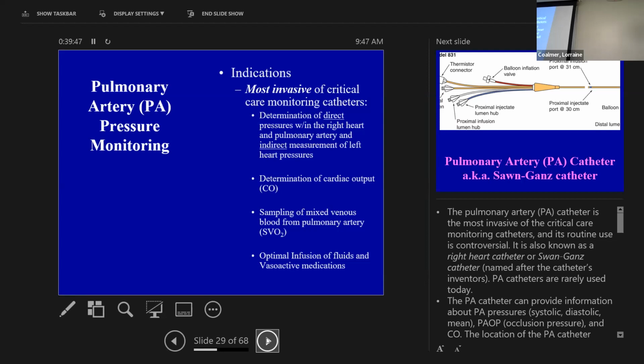The only thing, and we'll talk about this in a little bit, that you could get from the triple lumen or a PICC line, because it's peripherally inserted, is a right atrial pressure. That is the only hemodynamic monitoring you could do from a triple lumen catheter. Everybody got that? Yep, CVP, same thing.